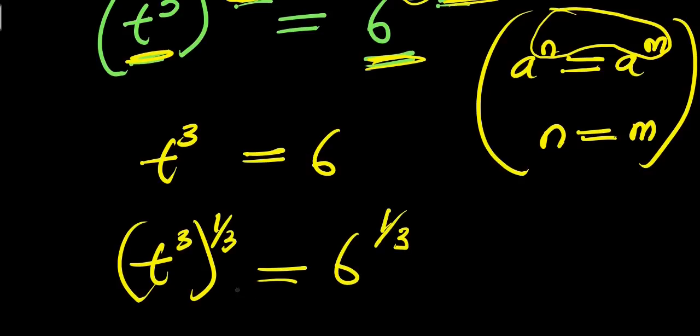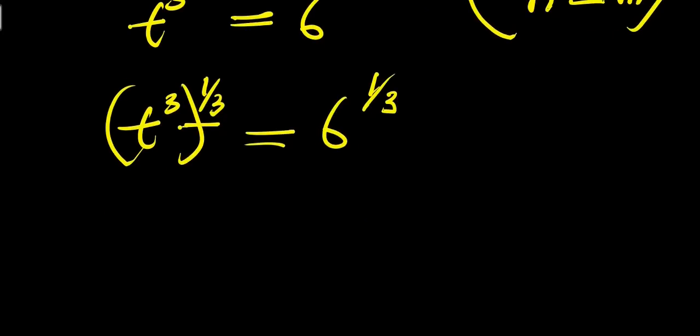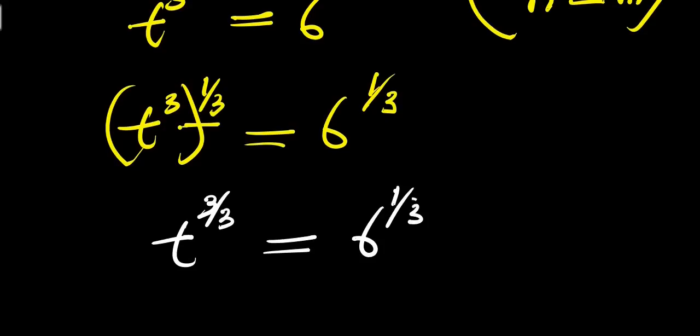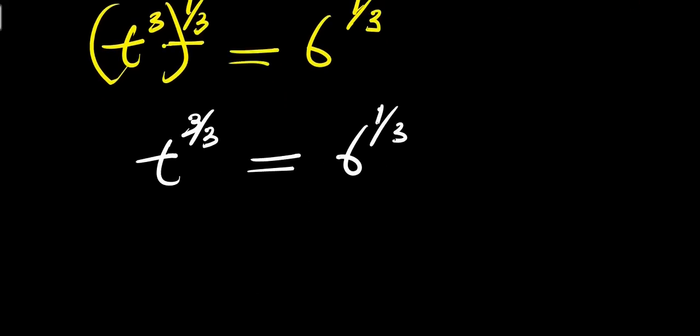So we go back to the same identity that we multiply the exponent. And at this particular point, we are going to have t to the power of 3 times 1 over 3 equals 6 to the power of 1 over 3. So 3 divided by 3 is 1. We have t equals 6 to the power of 1 over 3.